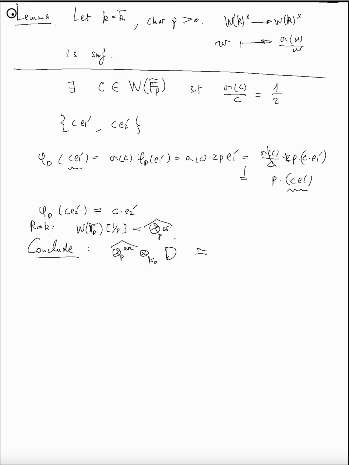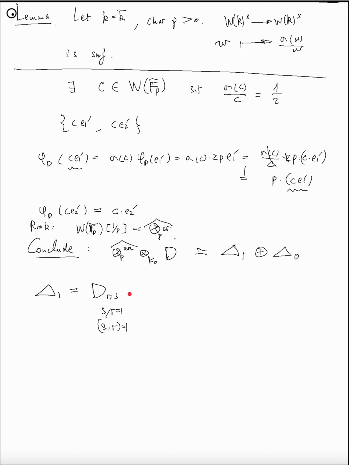The conclusion is this is isomorphic to Delta 1 direct sum with Delta 0. What is Delta 1? Recall, this is D_{r,s} with s over r equals 1, and r, s coprime.